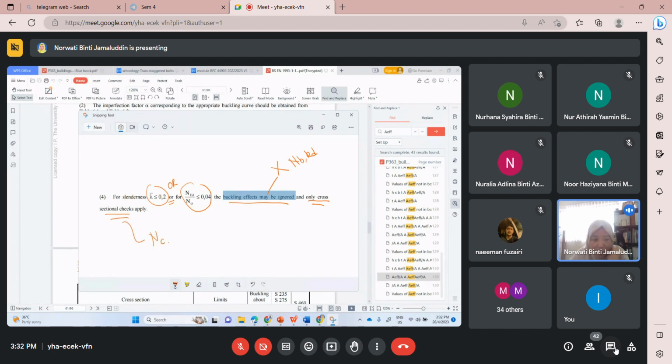It means that you need to calculate only NcRd. The element that you try to design has more resistance in terms of buckling, or it is maybe a short element, a stub element where buckling is not significant.